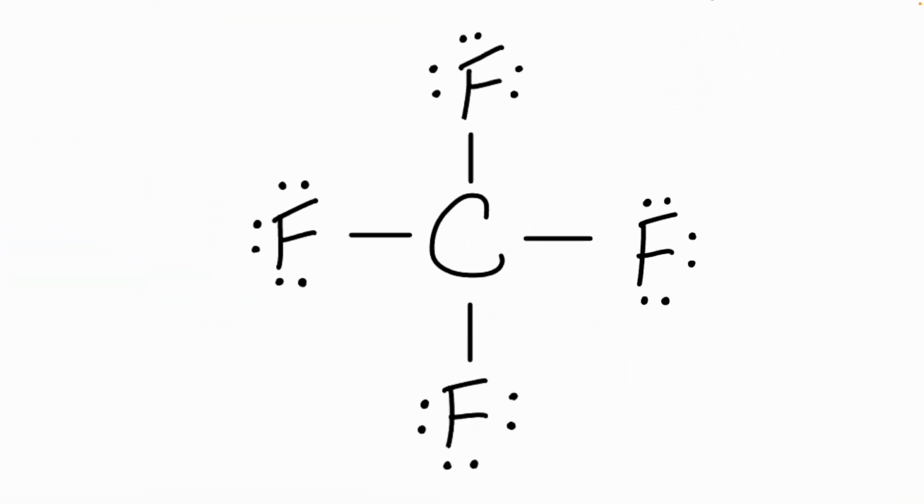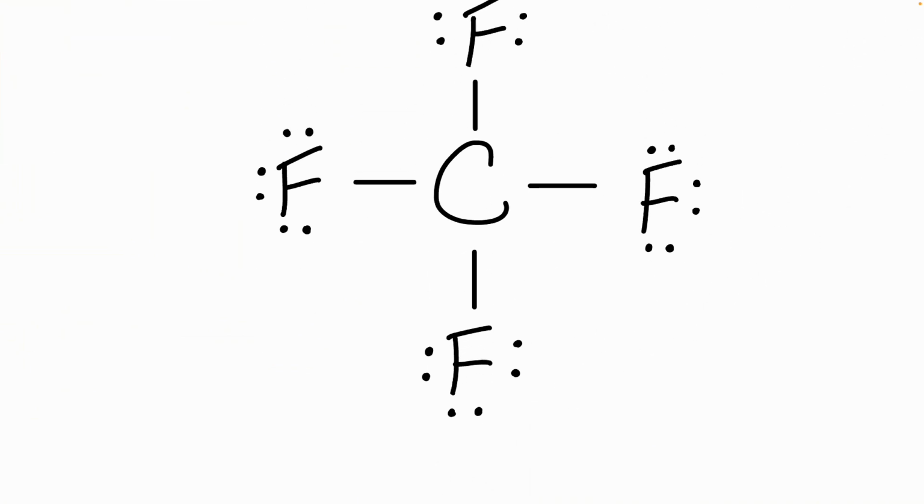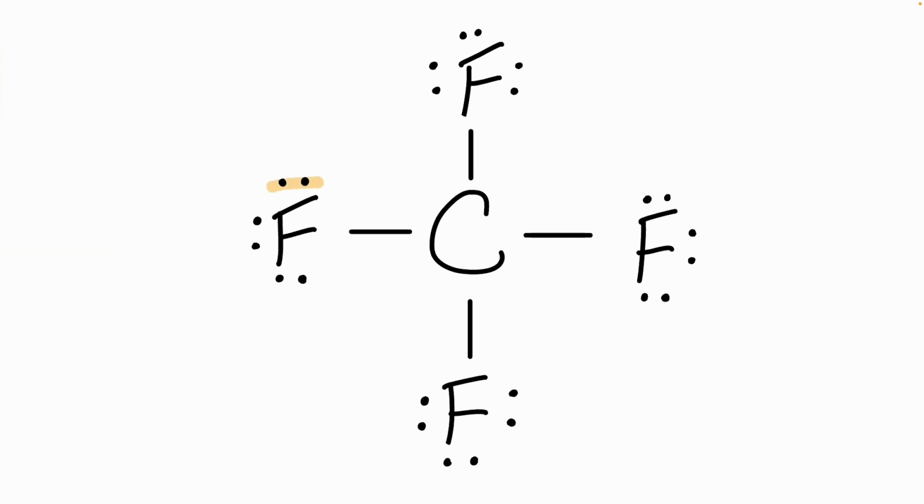All right. Our fluorines, we just added these electrons to make sure that they were happy, to make sure they had the complete octet, right? So each fluorine, we can convince ourselves, has 2, 4, 6, 8 electrons in its octet. All right, so our fluorines on the outside are happy. Now we just got to check our central atom carbon.